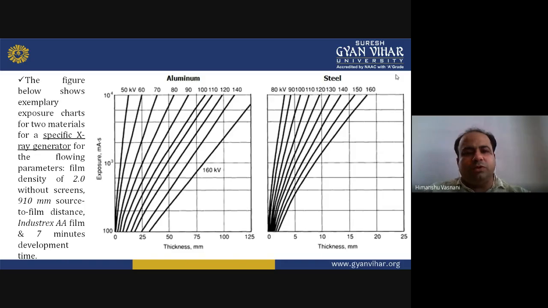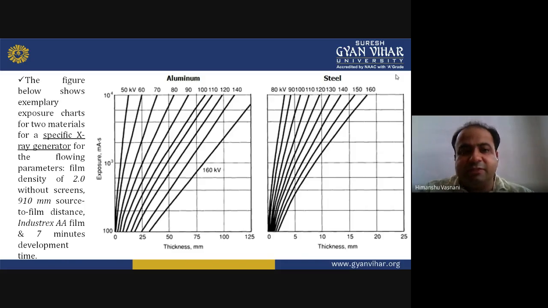So these are exposure charts for two materials, aluminium and steel, for a specific X-ray generator, for the following parameters: a film density of 2.0 without screen, 910 source to film distance, Industrex AA film, and 7 minutes development time.